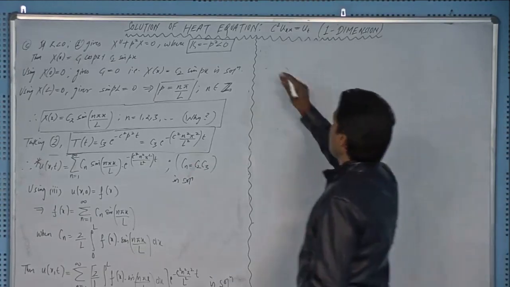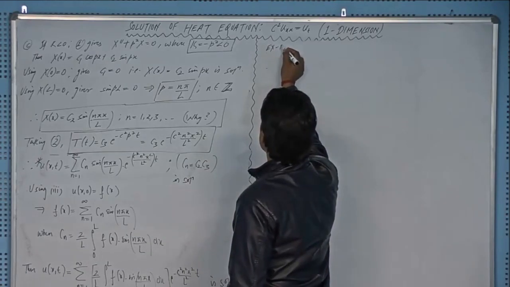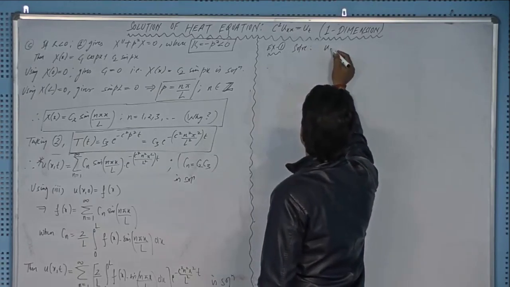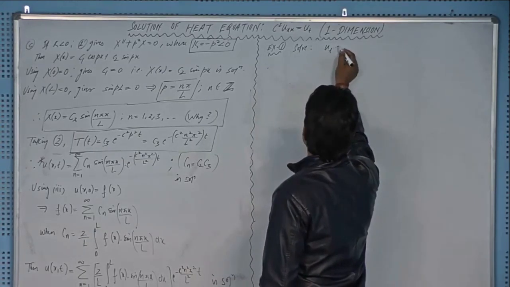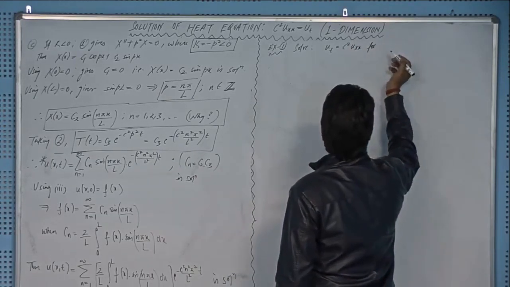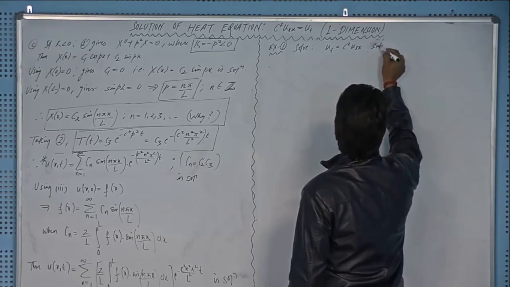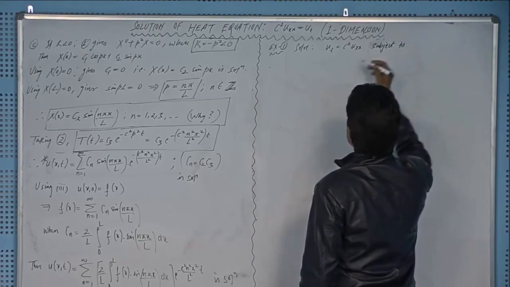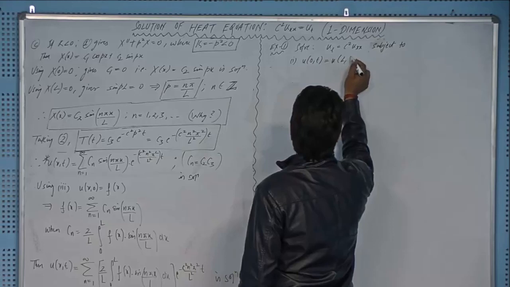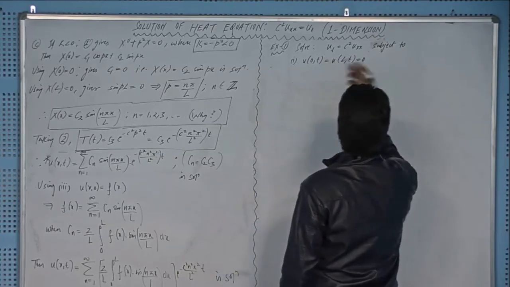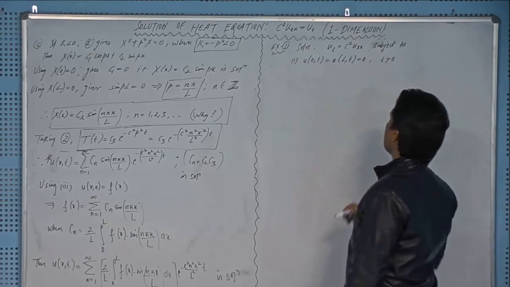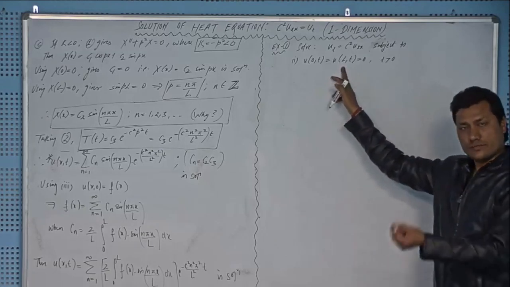Example number 1, solve u_t is equal to c square times u_xx, subject to the first condition, same, u(0,t) equal to u(L,t) equal to 0, and t is greater than 0, and L is the length of rod.